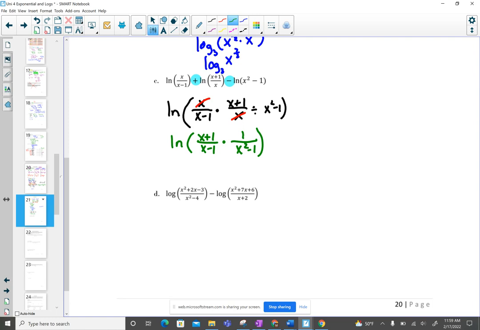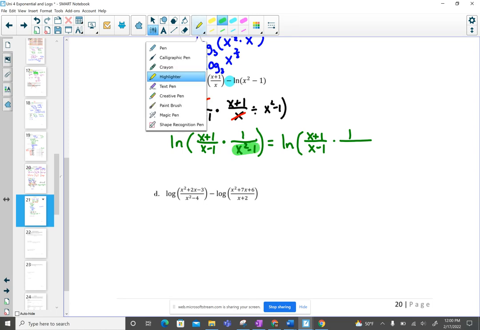Okay, that still looks kind of messy to me. So I'm going to go horizontally here so that we can see a progression. I'm going to keep this x plus 1 over x minus 1 times 1 over, I'm going to double bubble this x squared minus 1.